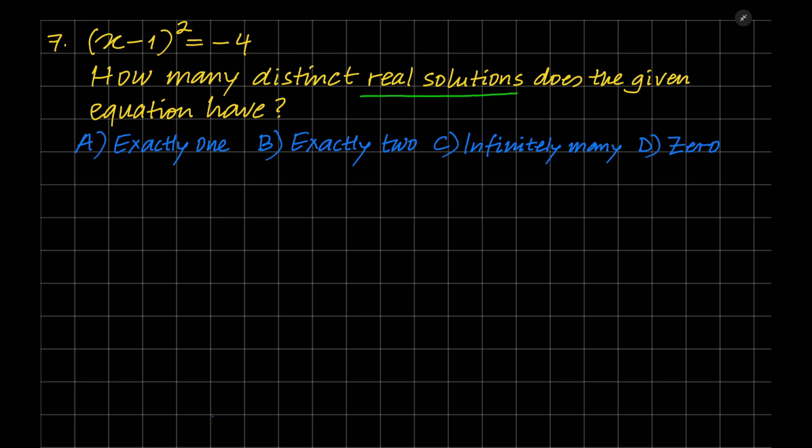Therefore, the left-hand side of the given equation is either positive or 0 for any value of x. Since the right-hand side of the given equation is negative, there is no value of x for which the given equation is true. Thus, the number of distinct real solutions for the given equation is 0.